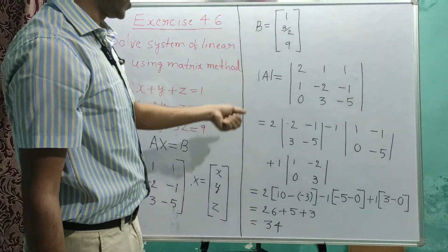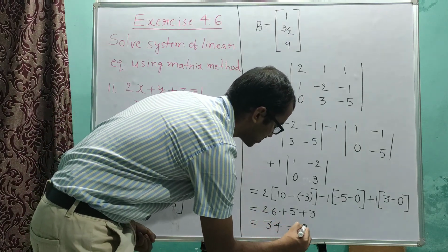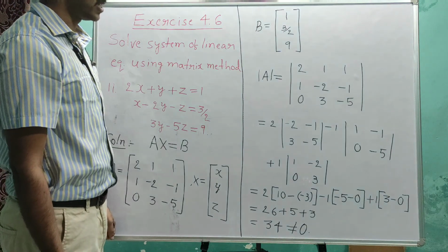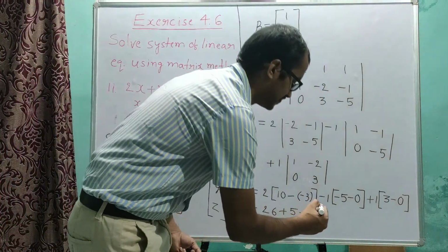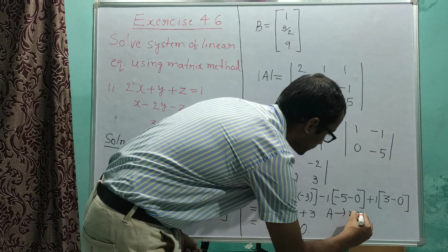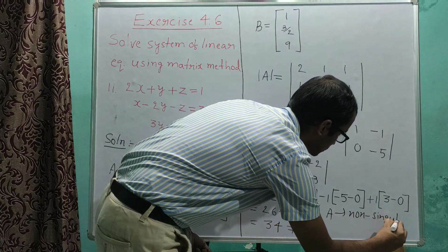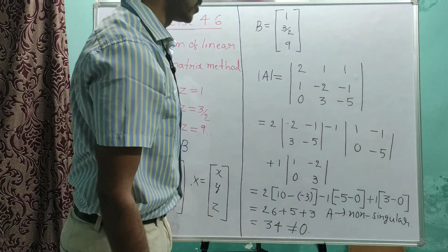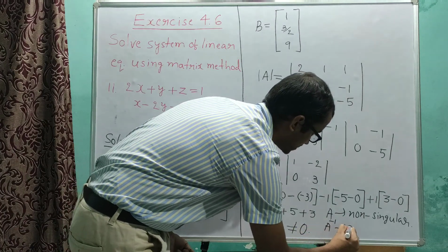So determinant of A is equal to 34, which is not equal to 0. So what we can say, A is non-singular. So since A is non-singular, A inverse will exist.